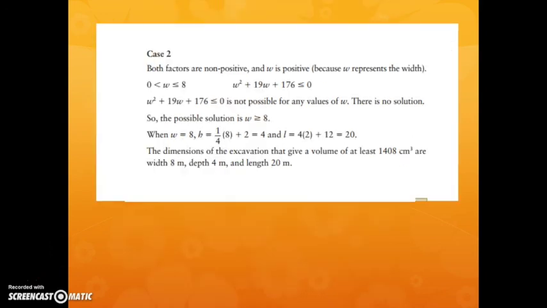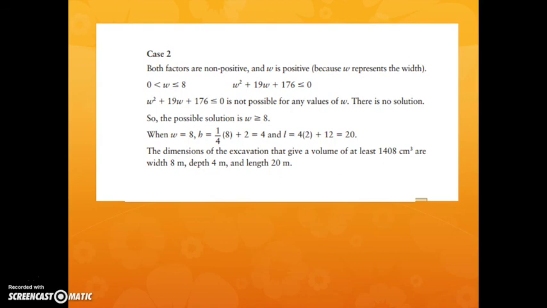For case 2, both factors are non-positive and W is positive because it represents the width. Since W is greater than 0 and W is less than or equal to 8, W squared plus 19W plus 176 is less than or equal to 0. It's not possible for any values of W. There is no solution. So the possible solution is W greater than or equal to 8.